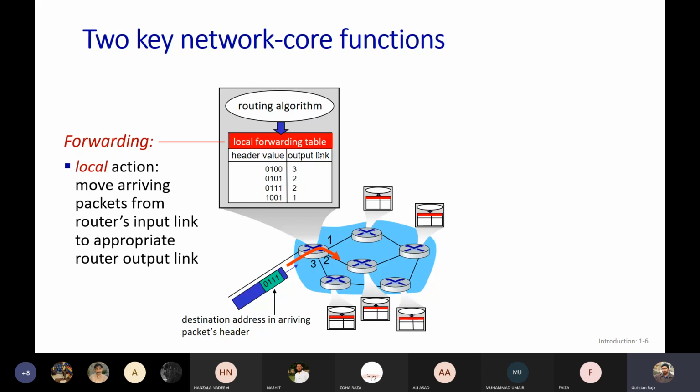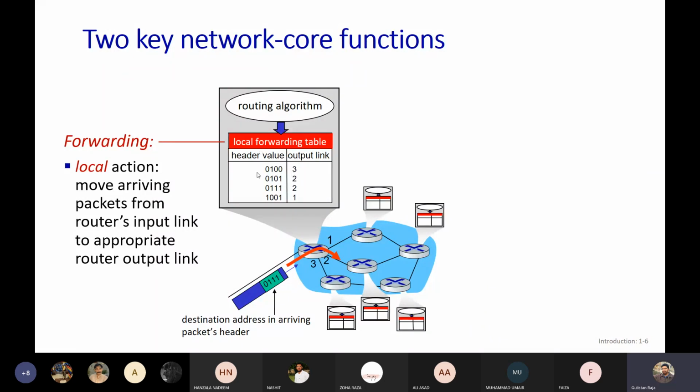So that's why we call it as local forwarding table. Generally, we will be calling it as forwarding table. And because each router is having a table present inside the router, we call it as local forwarding table. Now you may be wondering that there may be another side. We will talk about it later on in chapter 4. So local action will be taken.